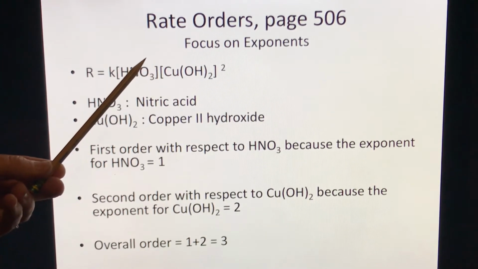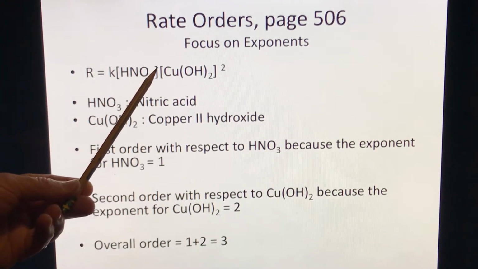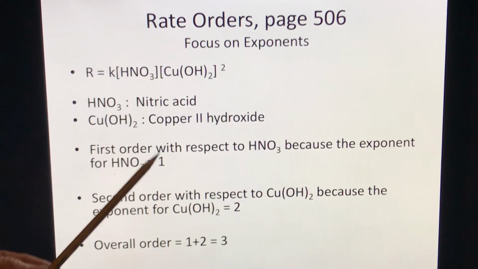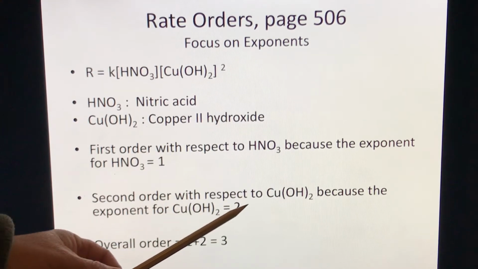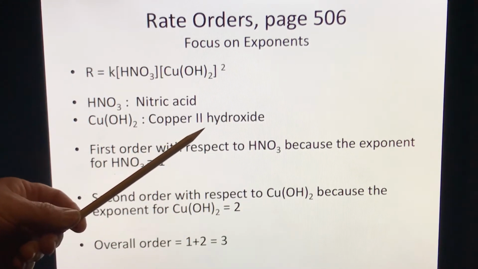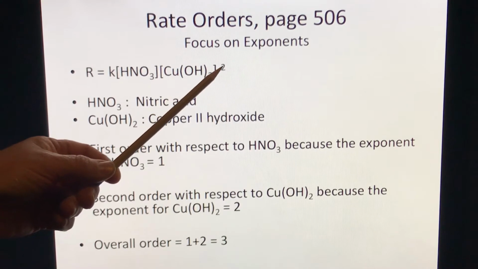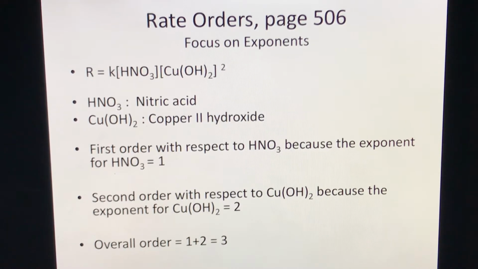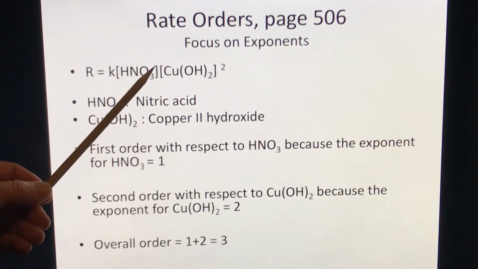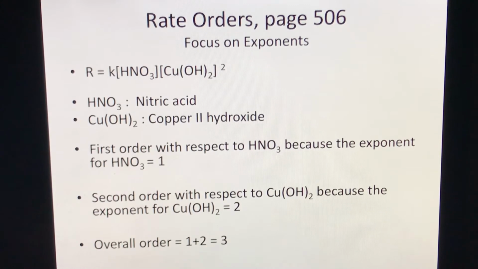And so that is sort of a mysterious one there. They don't write a one, but that's what first order means. And then it also says the second order with respect to the copper 2 hydroxide. And so that's where we get this exponent of the 2. And then if you were to calculate the overall order, it would be the 1 plus the 2, or a total of 3.